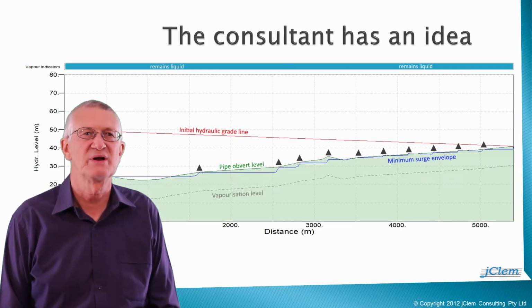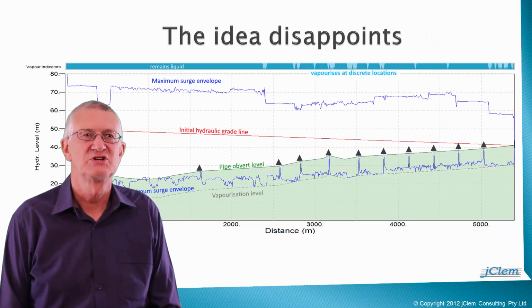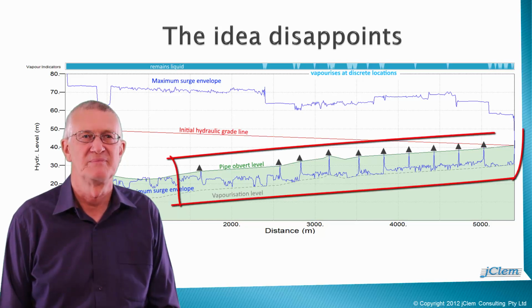Consequently, the consultant engineer develops a solution, implementing the idea to install air valves along the pipe route of the owner's preferred size and air valve type. The minimum surge envelope is expected to fall not much below the pipe obvert level, as seen in this anticipated profile. Turning the next page of this story, we find a sad disappointment.